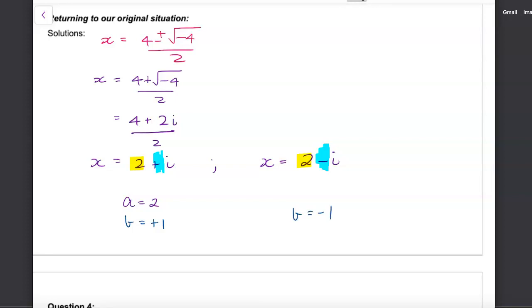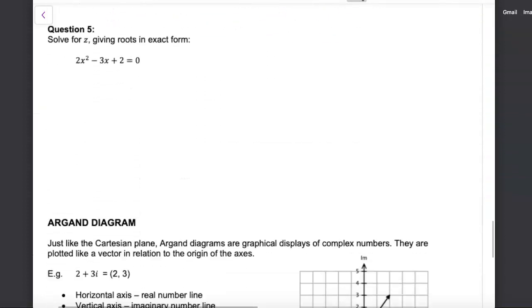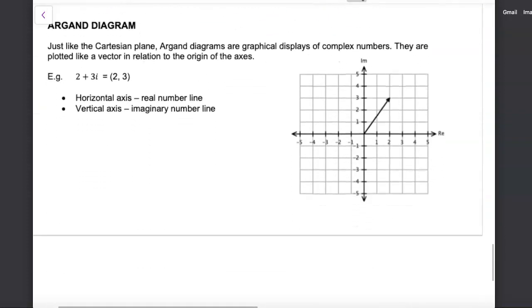When we talk about a solution given in a plus bi terms, it can actually be represented on a complex plane. I'm just going to go to the bottom of our last page and have a look. Here I've drawn what we call the complex plane. Our horizontal axis is represented by real numbers, so that's our a value, and our vertical axis is represented by our imaginary value, the b value.